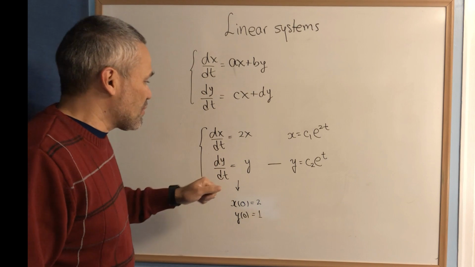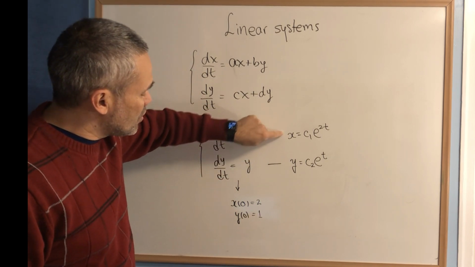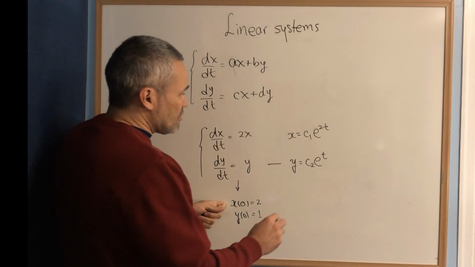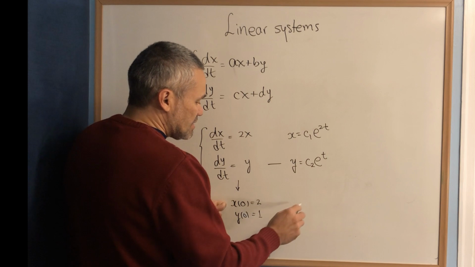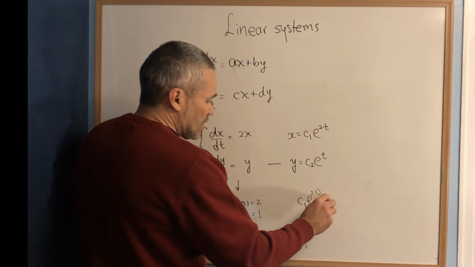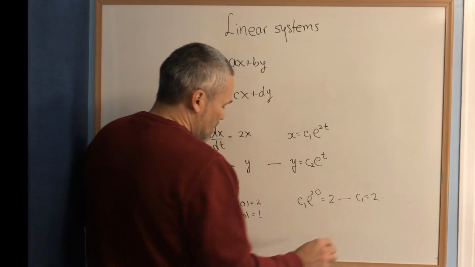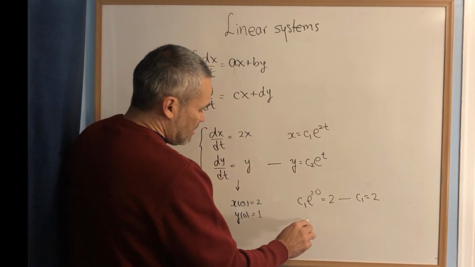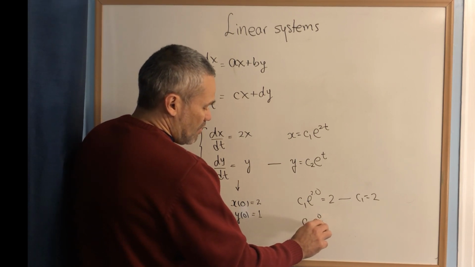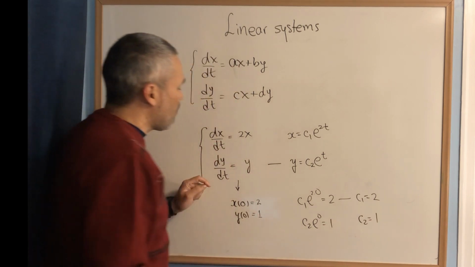Usually the procedure, not always, is to find the general solution, and then you want this function to satisfy this condition. Then when t equals 0, you get c1 e to the 2 times 0. You want that to be 2, and therefore c1 must be 2. Doing the same thing here, c2 e to the 0, you want it to be 1, and that means that c2 must be 1.